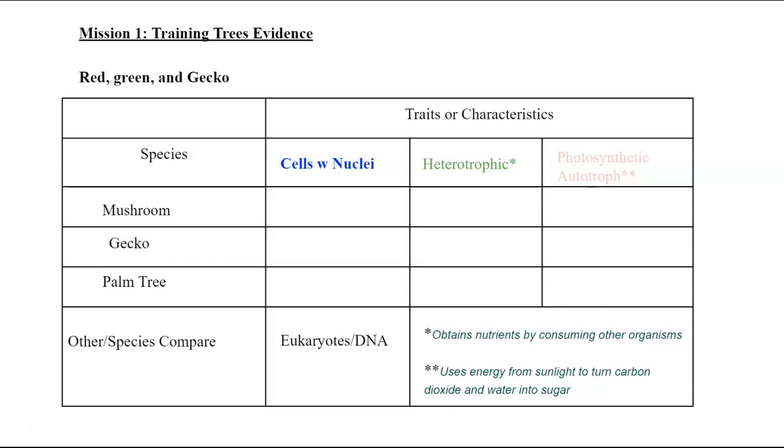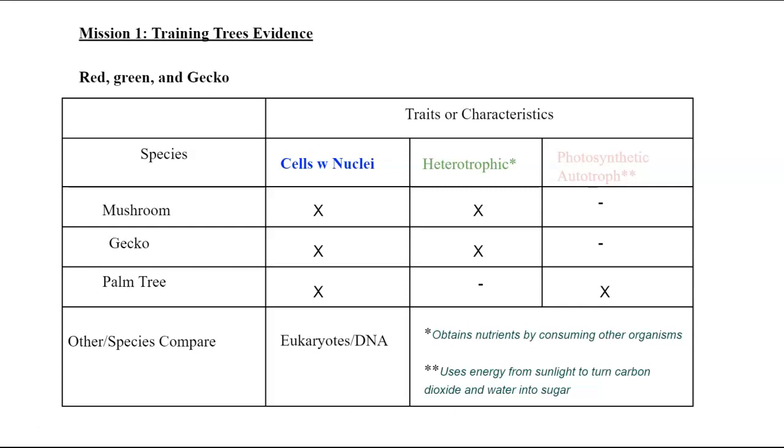Then I click and say, okay, mushroom has cells with nuclei, the gecko does, and so does the palm tree. So this is a shared trait that all three organisms contain. Heterotroph is only the mushroom and the gecko and not the palm tree. Who is photosynthetic? Not the mushroom, not the gecko, only the palm tree.